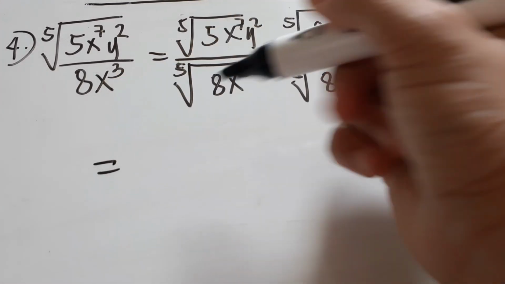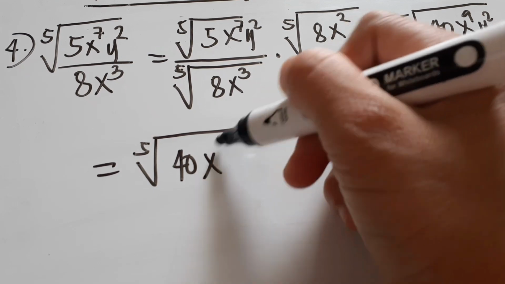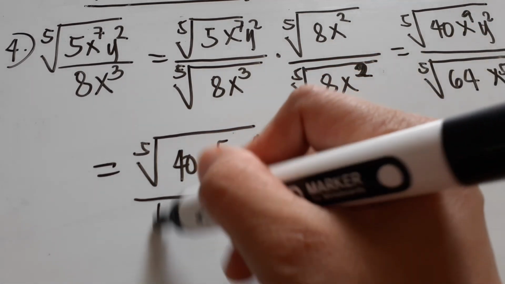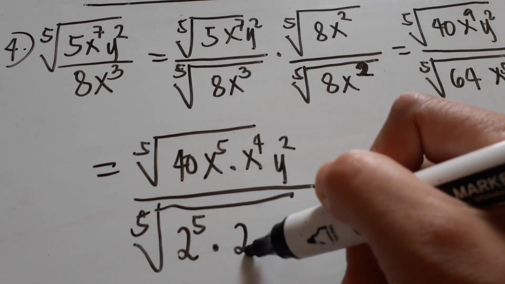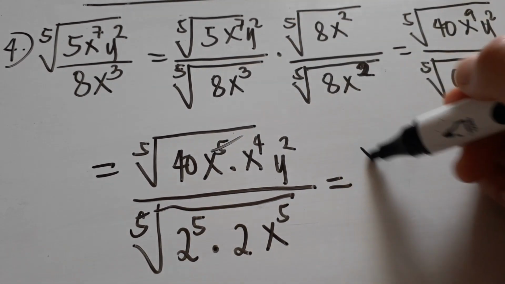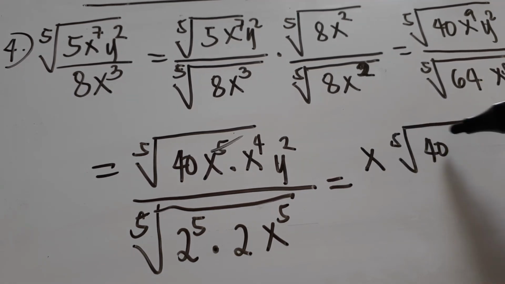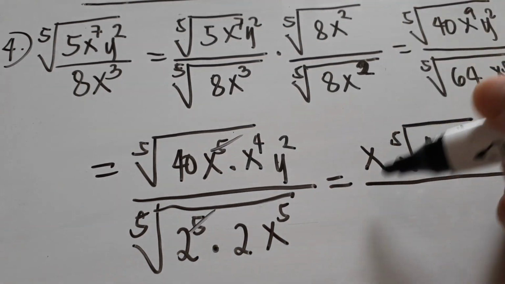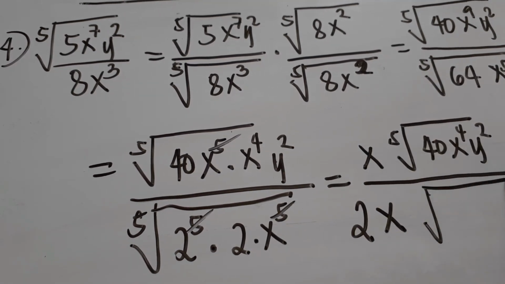And then we factor: 2 squared by 2x raised to the power of 5, cancelling out x under the denominator and rolling out under the denominator, then the remaining is the fifth root of 40x to the 4th power y squared, and then cancelling out 5, rolling out 2 under the denominator and x, then the remaining is the fifth root of 2.